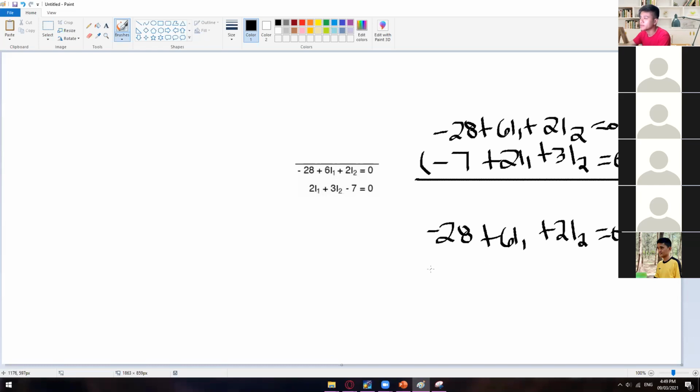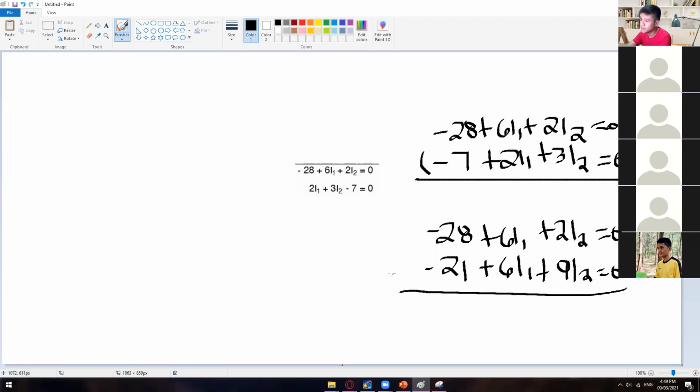And then negative 21 plus 6i sub 1 plus 9i sub 2. Okay. So when performing simultaneous equations, your goal is to eliminate one unknown. So if we perform subtraction in here, 6i sub 1 minus 6i sub 1 will be cancelled.